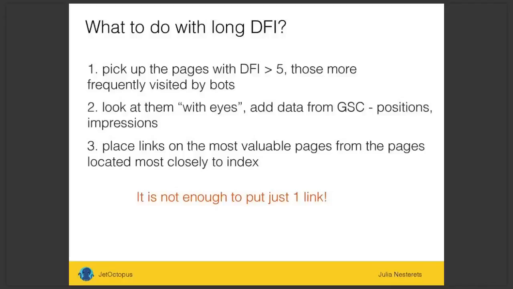And the final step, you place links on the most valuable pages from the list, and you place the links from the pages located closest to the index. So you put additional links. And it is very essential to understand that it is absolutely not enough to put just 1 link or even 5 links. You'd better put at least 10 links, and it is something for both, but you will see it further.